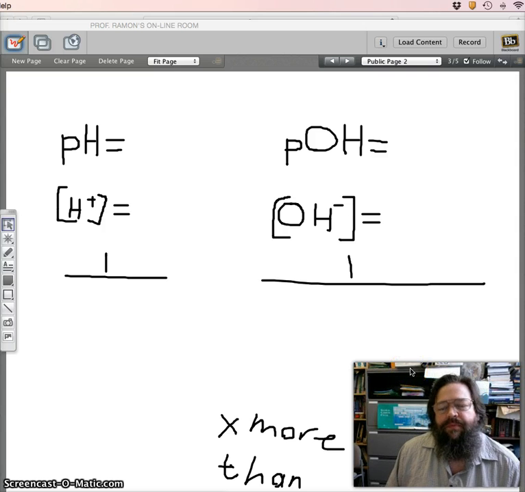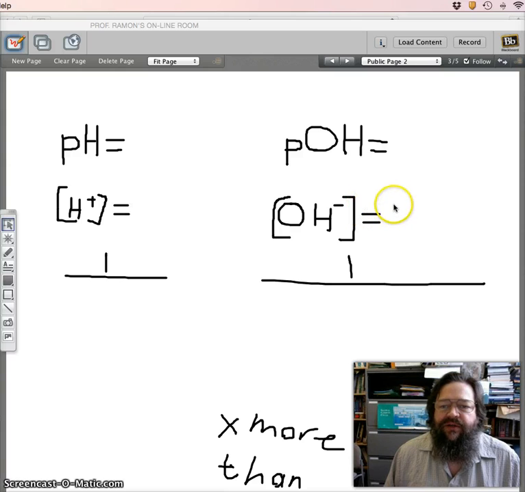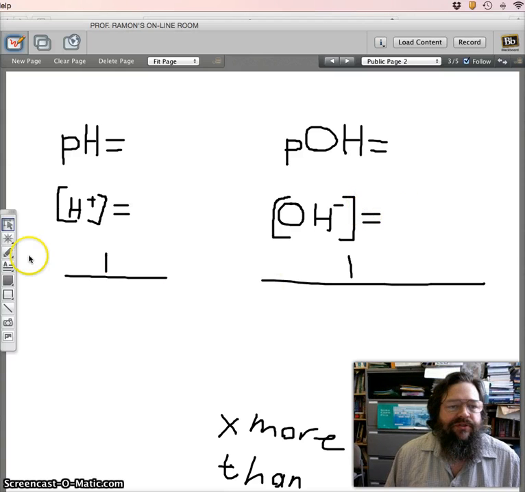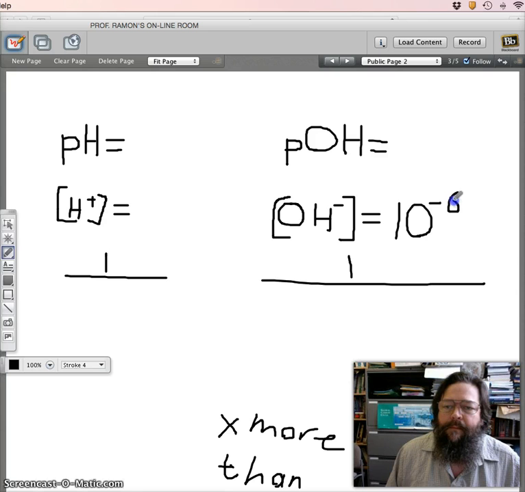So let's do another problem. This time, let's start with a hydroxide ion concentration. With a hydroxide ion concentration of 10 to the, let's make it minus 6. So if this is 10 to the minus 6, then that means our pOH is going to be 6.